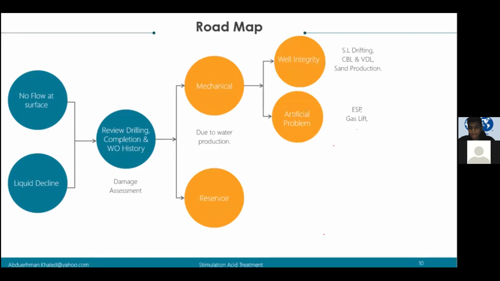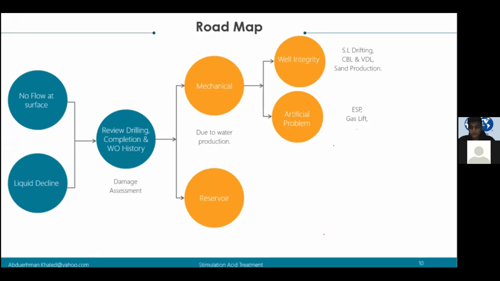So we can check the well integrity by running slickline drifting to the total depth and check if the perforations are blocked or not. Sometimes they are blocked by sand fill or scale buildup. So we need to get rid of these obstructions in the perforations.